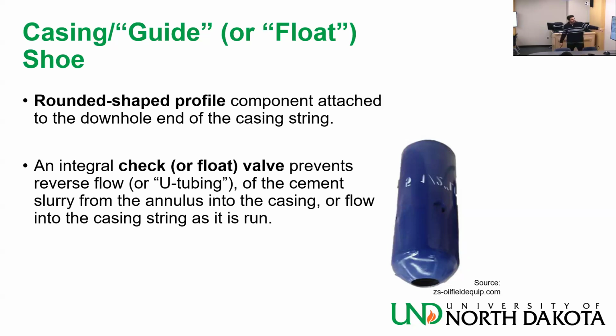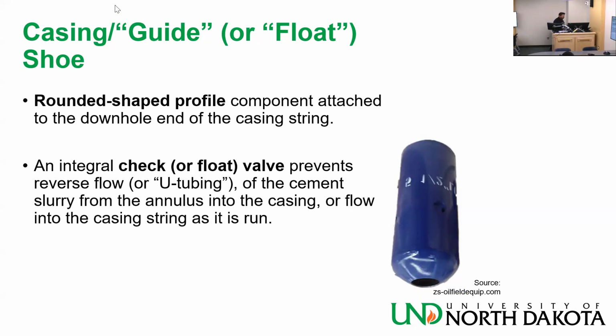And the valve is to prevent U-tubing. U-tubing is basically cement flowing back like this. You don't want that to happen. So you have this check valve, just like the float collar.